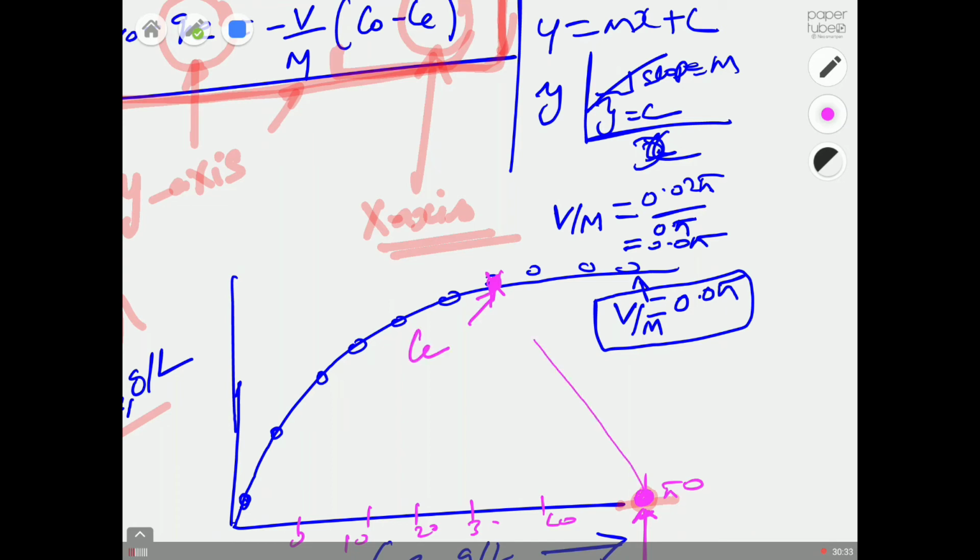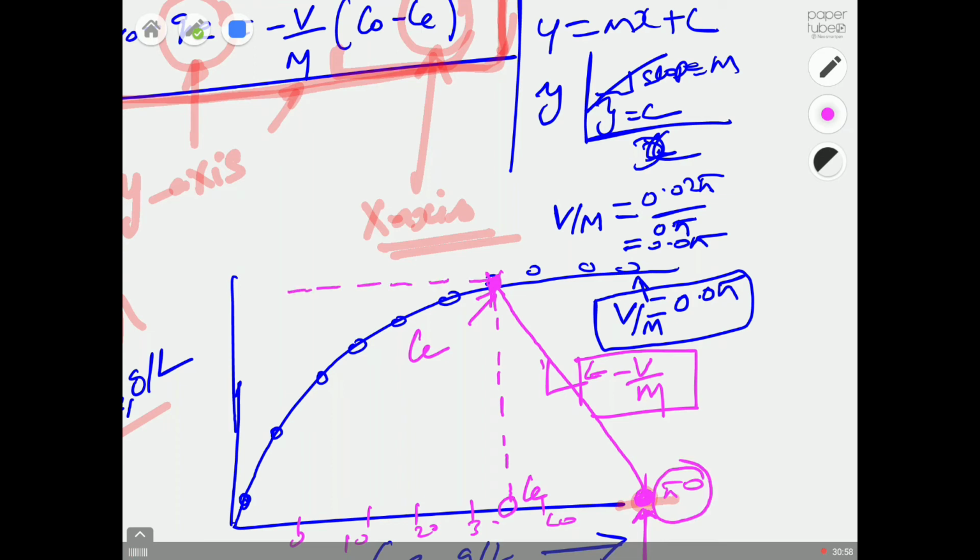If you connect these 2 points, that slope value will be equal to minus V by M. If you come down, if you put a line down, this will be your CE value if you started your experiment at 50 grams per liter. And then if you draw a line here, that will be your QE value, amount adsorbed. So this is a bit tricky. That's the meaning of this expression.